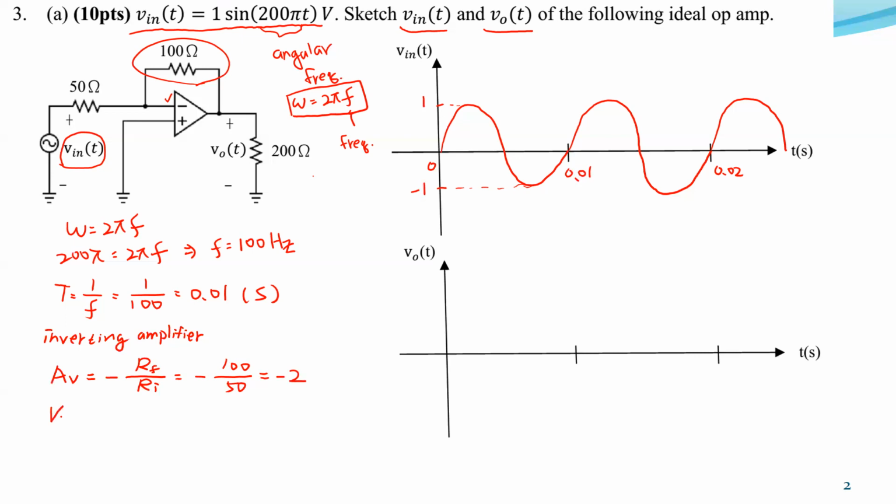Okay, so VOUT equals AV times VIN, which is -2 times 1 sine 200 pi t, which is -2 sine 200 pi t.